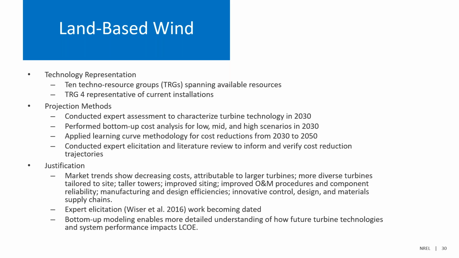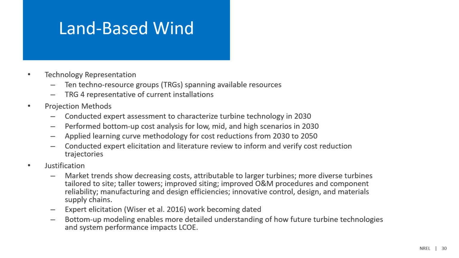As done annually for the ATB, we also conducted a literature review to inform and verify the projections. These projection methods were updated from the 2018 ATB, primarily informed by the expert elicitation work on future wind energy costs published in Nature Energy in 2016. This was done for a few reasons. First, the expert elicitation is now starting to become dated. The survey was conducted about 5 years ago, and since then, larger turbines and new science-based innovations have been introduced into the industry.